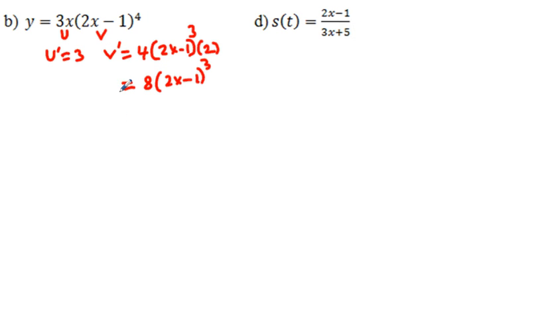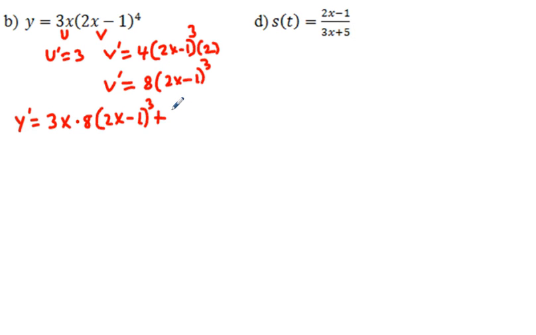And so having u prime, v prime, we can go for y prime, and y prime equals u v prime, so u is 3x, so I'm just going to write 3x, and v prime is times 8 quantity 2x minus 1 cubed plus v u prime.